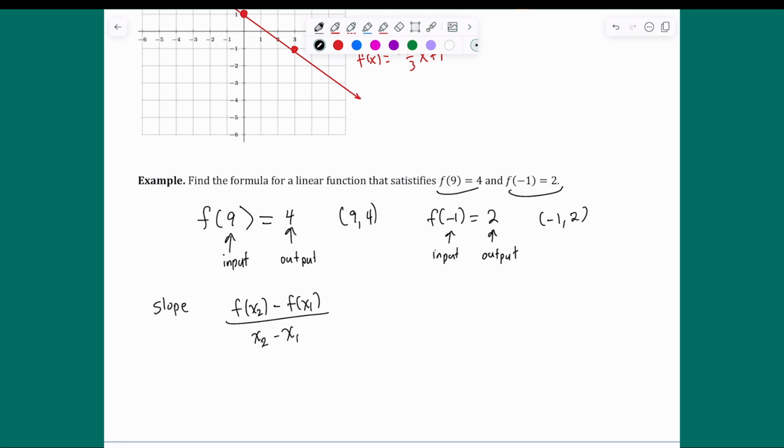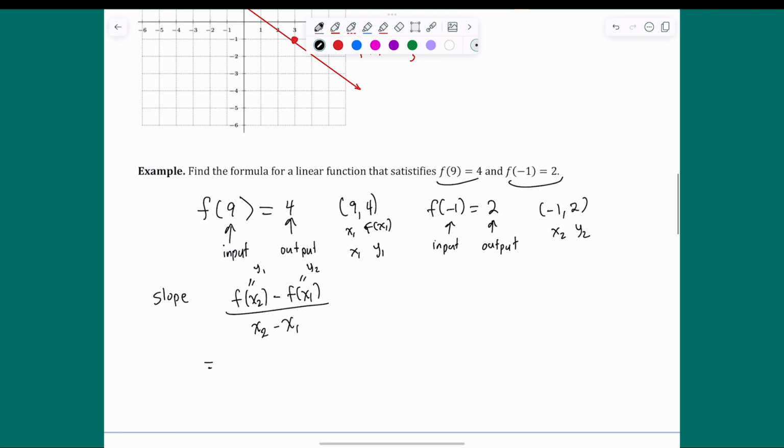For this first ordered pair, to think simpler, we'll call them (x1, y1) and (x2, y2). Okay, so this is y1, and this is y2. All right, so what do we have? We have y1, this is y2, this is x1. I got my indices all mixed up.